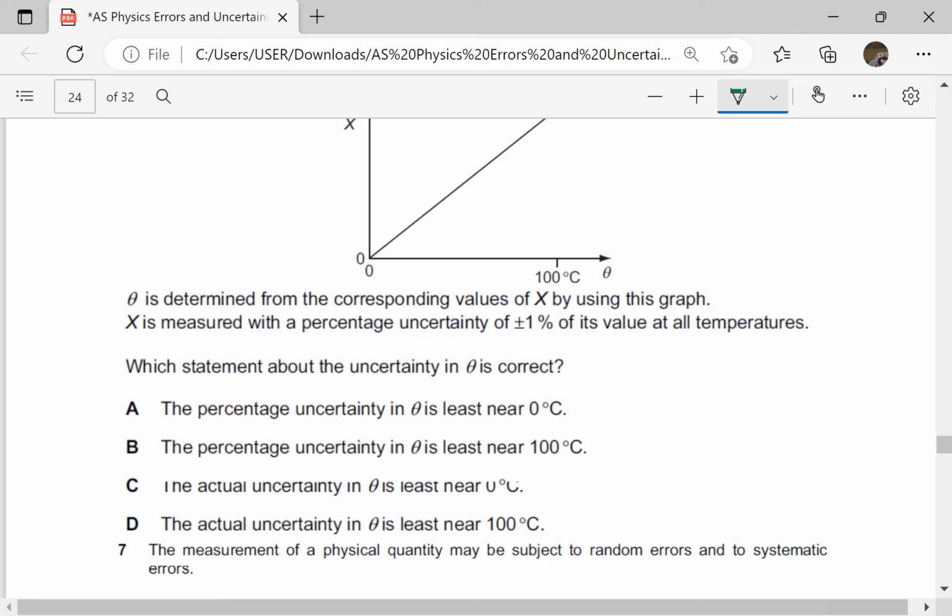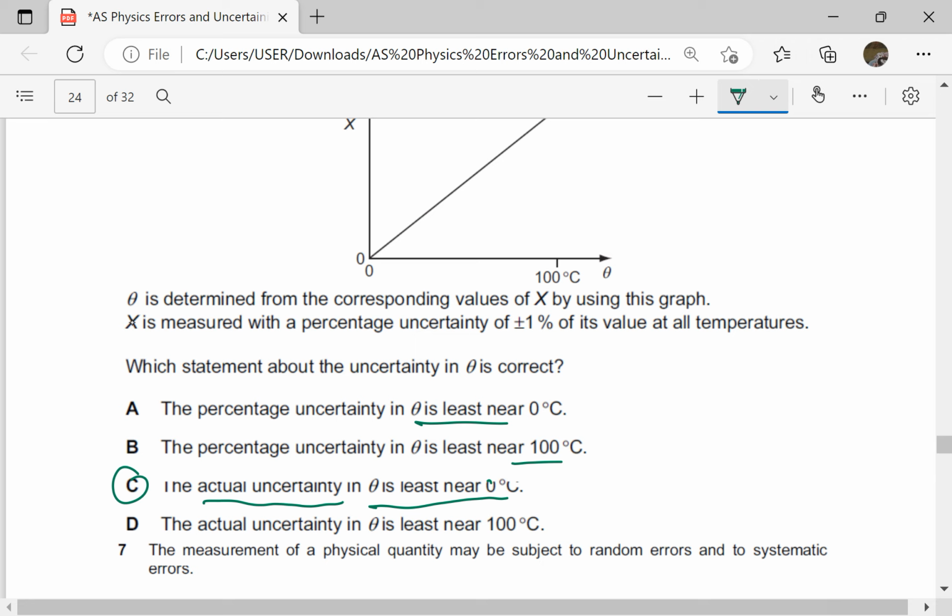The percentage uncertainty in theta is least near 100 degrees Celsius. The actual uncertainty in theta is least near 0 degrees Celsius. I think this is true. The actual uncertainty in theta is least near 100 degrees Celsius.